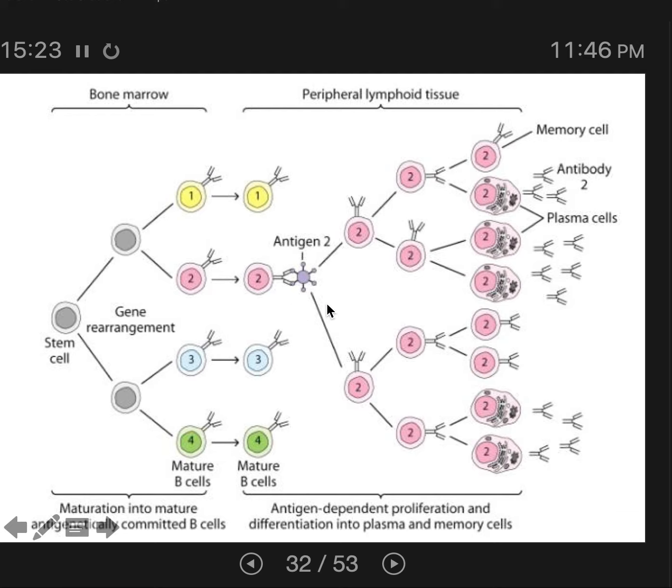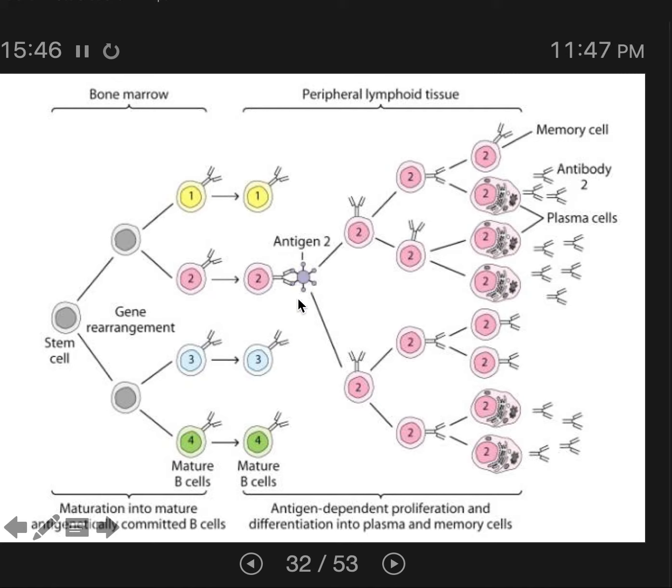So what's not shown here is the role of the helper T cell, which would be normal. There are pathways that skip the helper T cell part. So there are certain antigens that do not require help from a helper T cell to initiate this process.